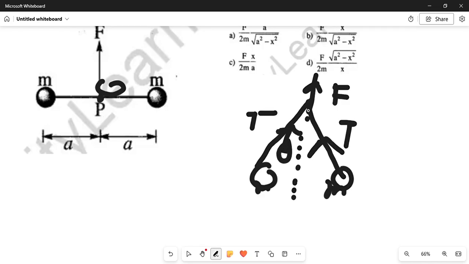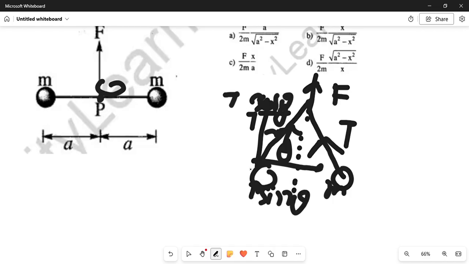The components of tension T are these: the vertical component will be T cos theta and the horizontal component will be T sin theta. Similarly in this case, the horizontal component is T sin theta and the vertical component is T cos theta.